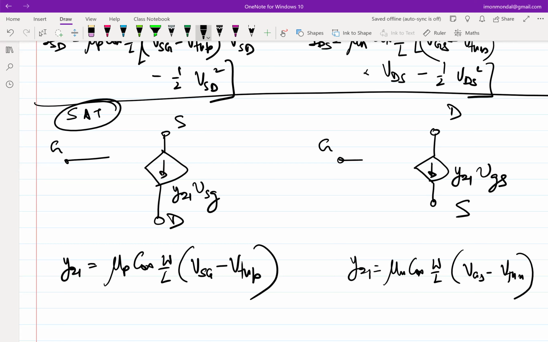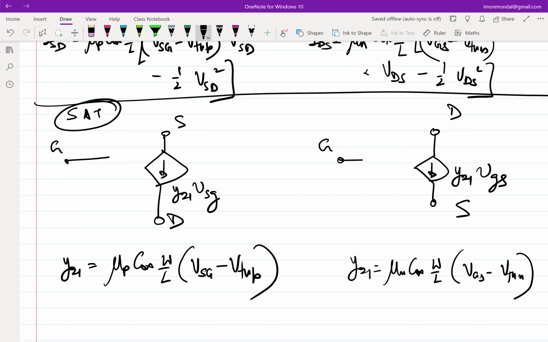If I give you the incremental models of both of them, you will not be able to tell whether it's a PMOSFET or an NMOSFET device. The only difference comes from the quiescent conditions, how the biases were set up, whether the current is from drain to source or source to drain, in the total current sense, not in the incremental model. So this is good in a way. I don't have to bother about directions. If I know one of the incremental models, I know it's the same for the other. It's one less thing to remember.